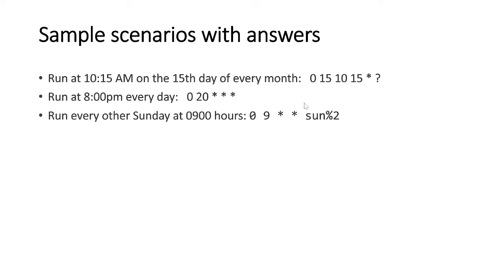You can see I have specifically used an expression, Sunday, like percentage 2, which indicates you need to run it on alternate Sundays at 9 a.m. So I have mentioned time 9 here. This is a very unique scenario, that is why I want to highlight it. This is another special character which is widely used if you want to run it on alternate weekdays.